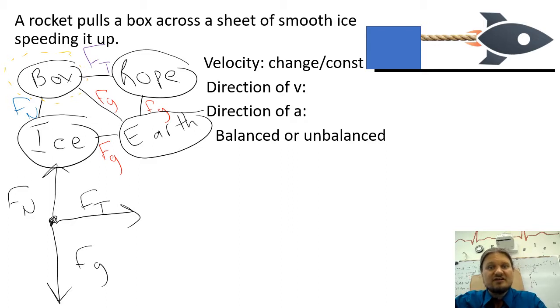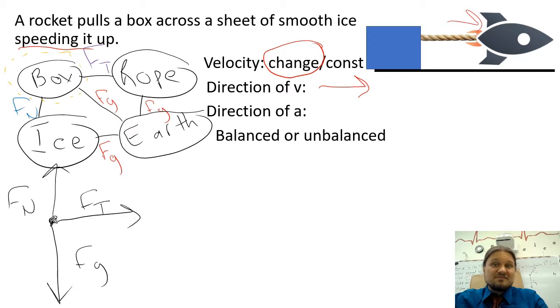What's happening to the velocity? What about the direction of the velocity and the acceleration? The velocity is changing, and that's given to us in the problem. It says that it's speeding up. If I look at the picture, the rocket is moving to the right, so the direction of velocity is to the right.